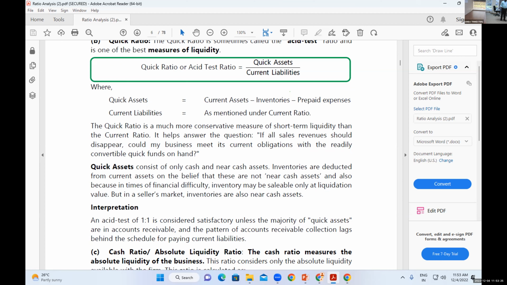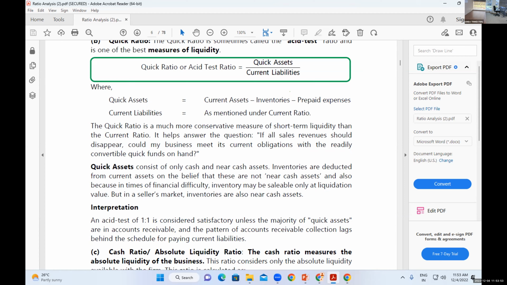If you don't include that, it is called quick assets. The quick ratio formula is quick assets divided by current liabilities. The denominator remains the same. The numerator is coming down, actually, excluding two components from current assets. So it's called a little more stringent measurement of liquidity. That is called acid test ratio or quick ratio.